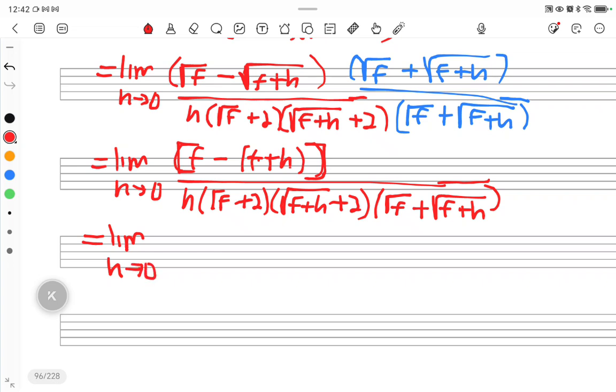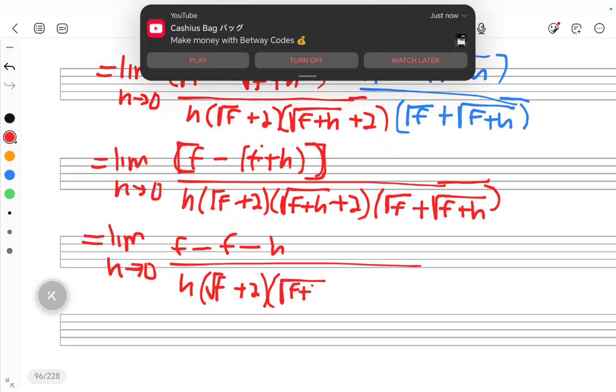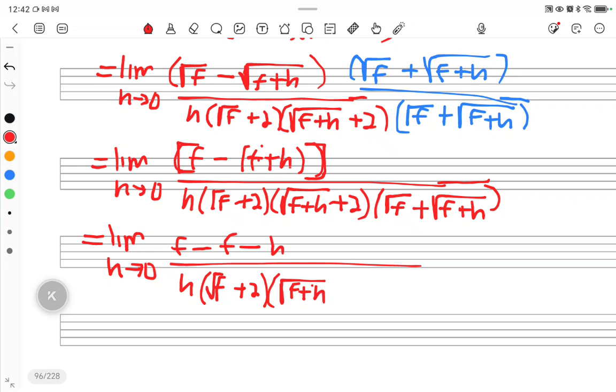The numerator would have f minus f minus h all over h root of f plus 2 root of f plus h plus 2 root of f plus root of f plus h.